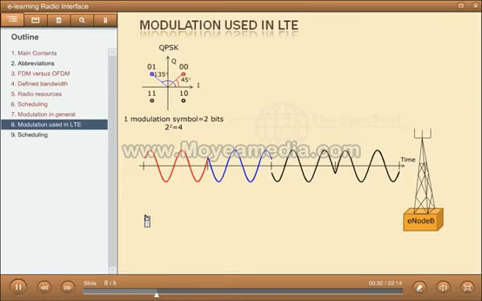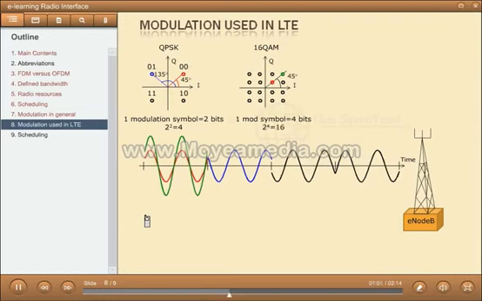Since each radio wave now can be interpreted as 2 digits, the throughput, when using QPSK compared to BPSK, has doubled. When using 16 quadrature amplitude modulation, both phase and amplitude is used. Both the red and the green dot have 45 degrees, but different amplitude. With this solution, each modulation symbol can represent 4 bits, since 2 to the power of 4 equals 16, and the throughput has doubled again.